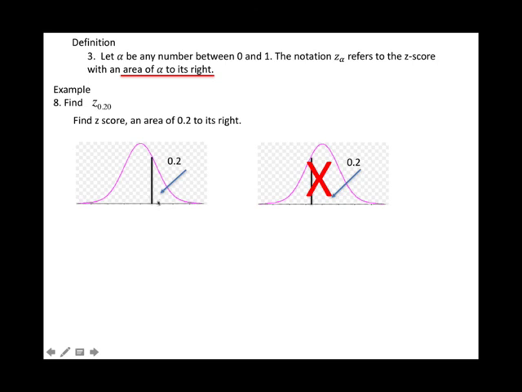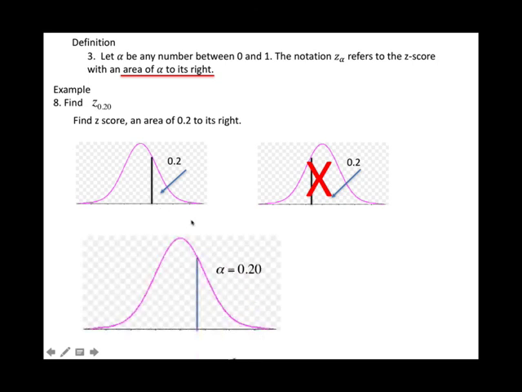So this is going to be the correct picture. We need to figure out the area from the left, right? You'll be using the inverse norm of 1 minus 0.2. You could get 0.84. So the z-score in here will be 0.84. That's it.